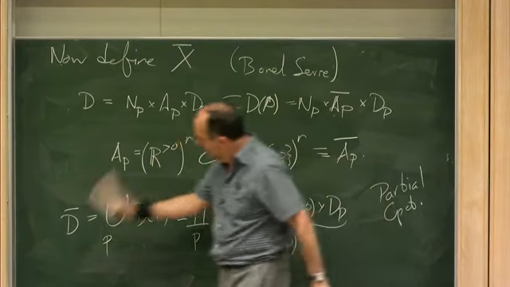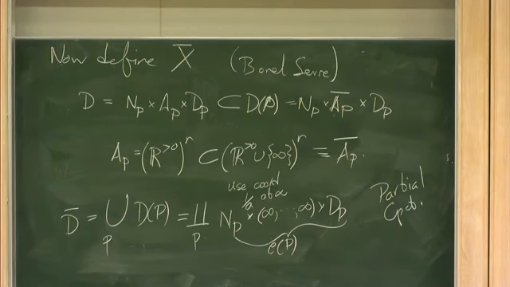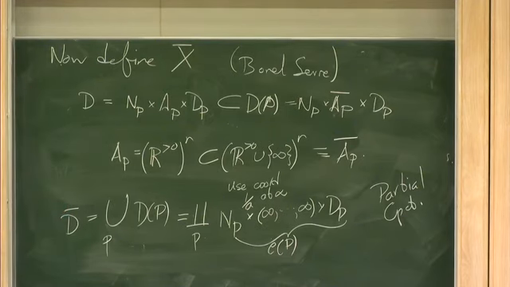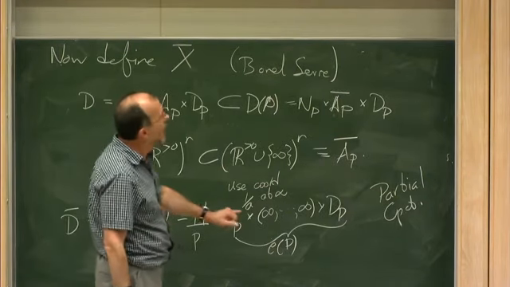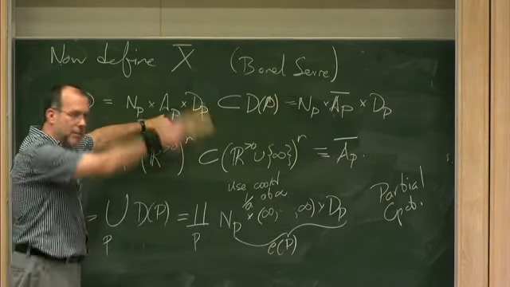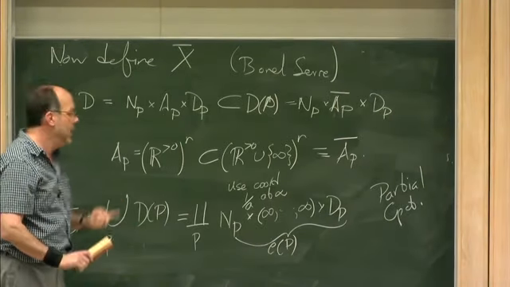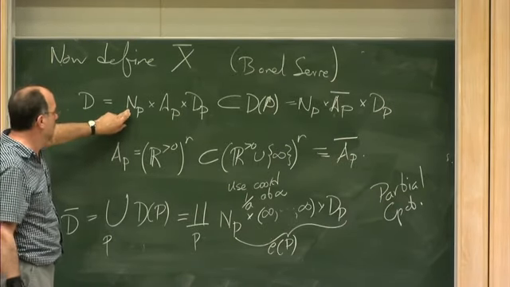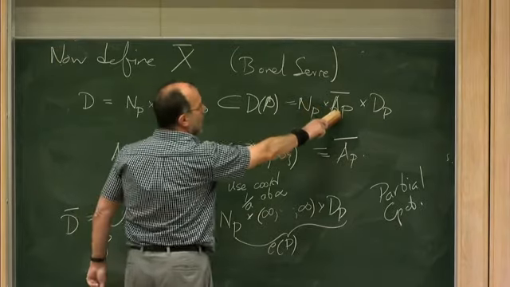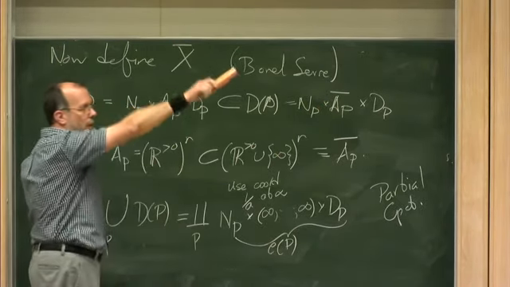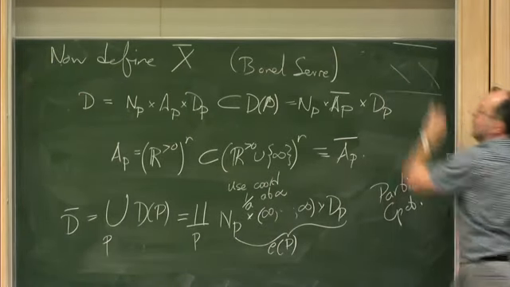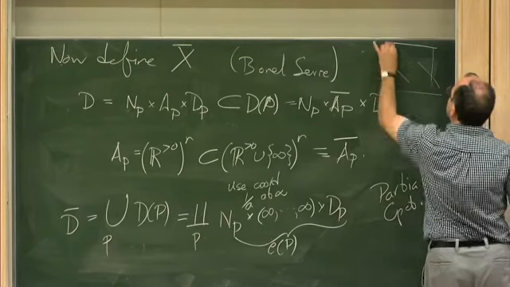So imagine the upper half plane. In the upper half plane, one of the parabolics is the upper triangular matrices. As you vary the AP here, you're simply going up in the vertical direction. And this is trivial. This is the real line. And so what you're doing here is you're adding another horizontal real line. Here's the upper half plane. You're adding a line up there that you converge to here.